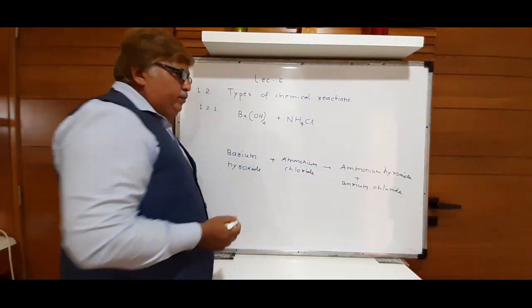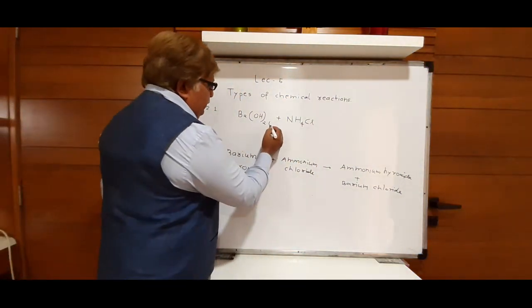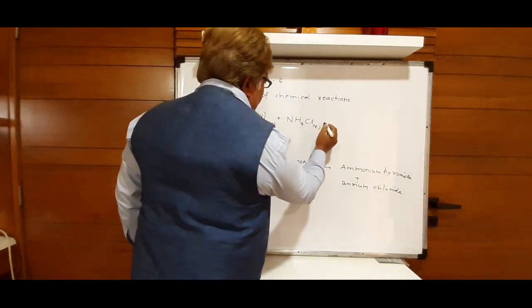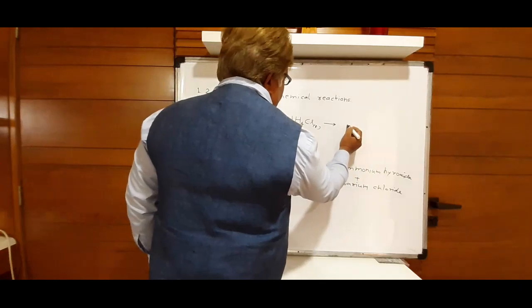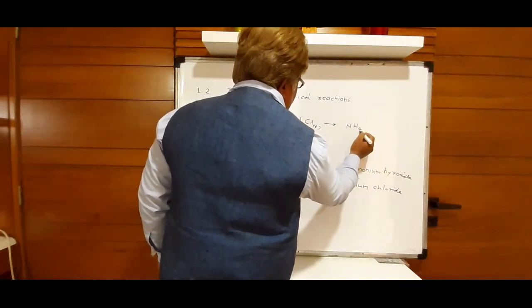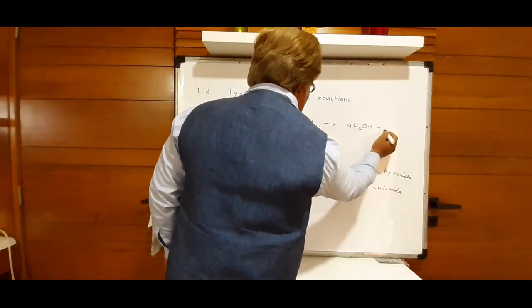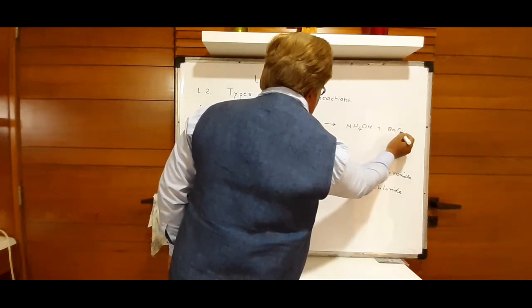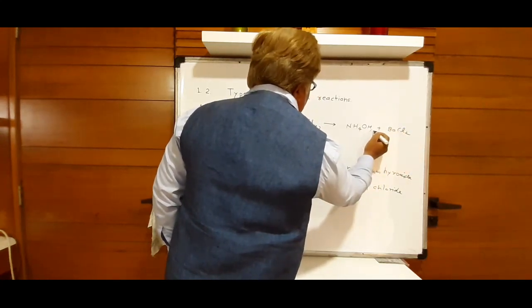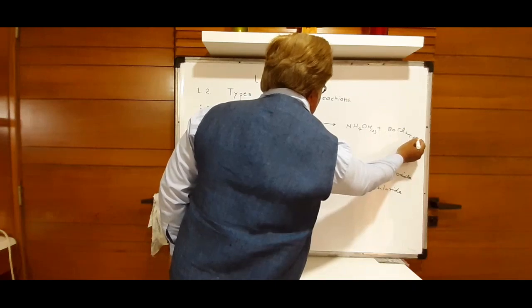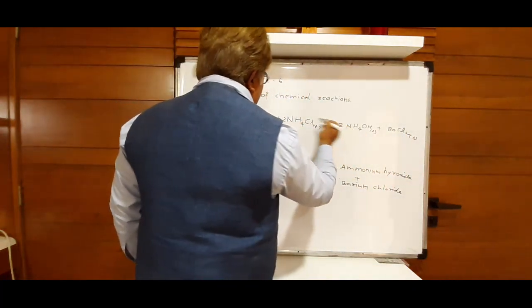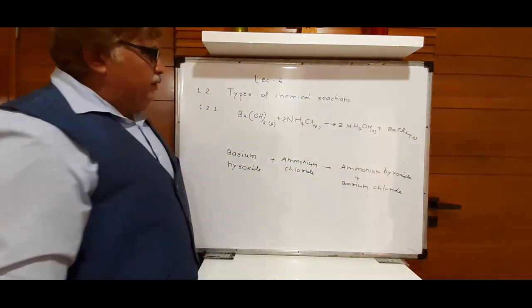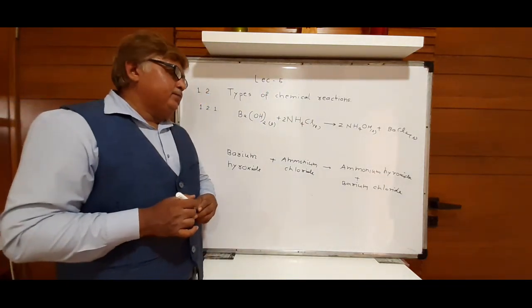When they react with each other, what do they form? Ammonium hydroxide, NH4OH, plus barium chloride, BaCl2. Just to balance 2 chlorine atoms, write 2 here. It is already a balanced chemical equation.